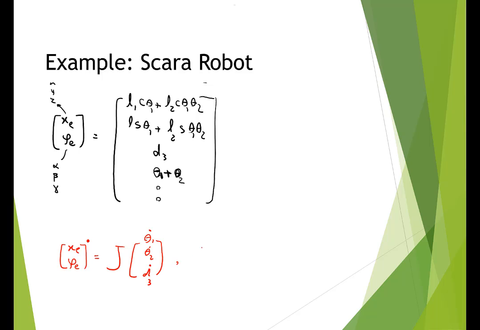And what is the Jacobian? Using the equation that we derived, the derivative of this one with respect to the first joint input, theta 1.